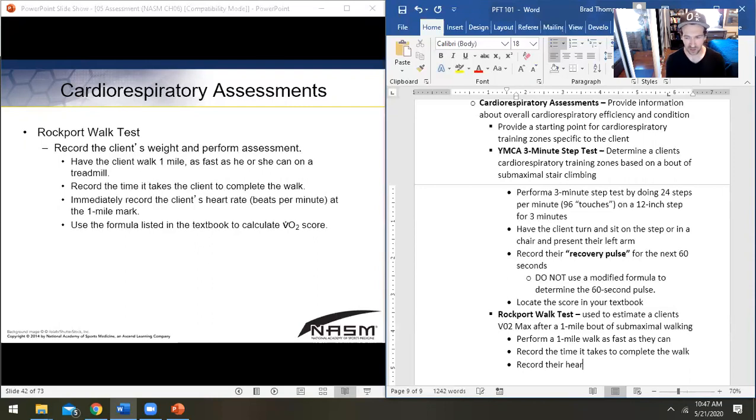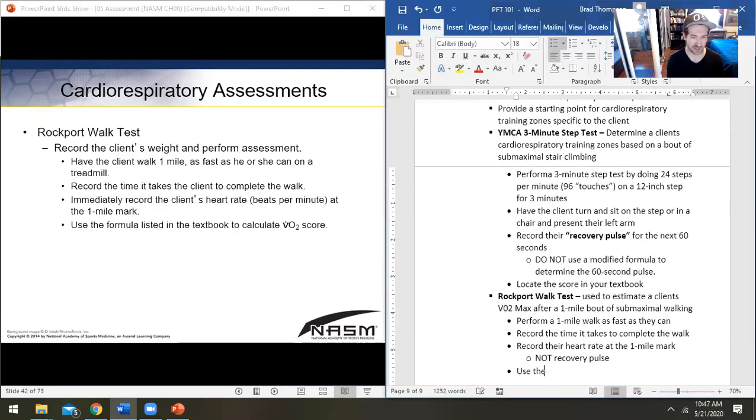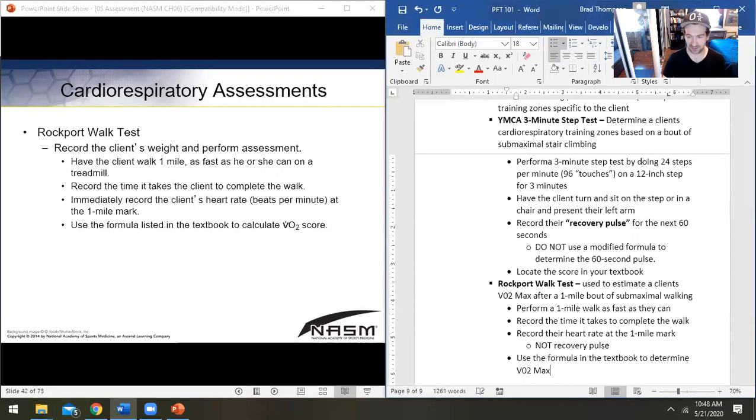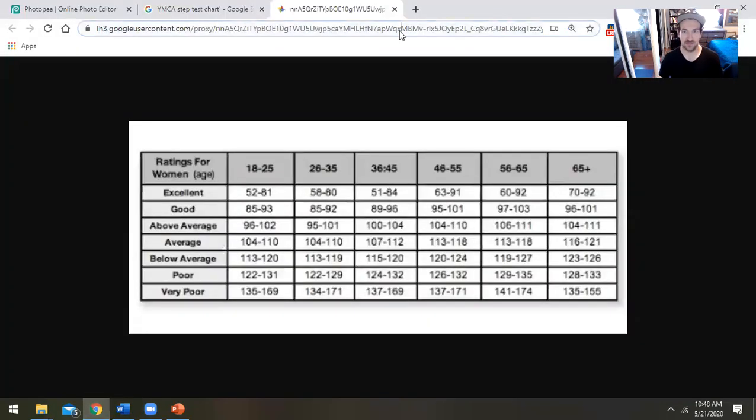Record their heart rate at the 1 mile mark, not recovery pulse. And then use the formula in the textbook to determine VO2 max. Take a look at this.